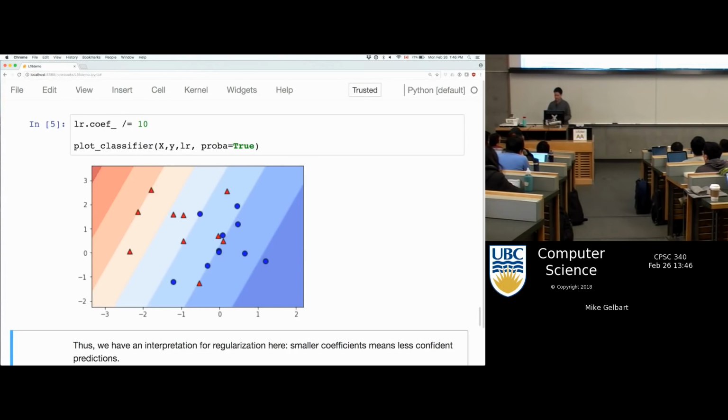And the reason why this is nice is it gives us an interpretation for regularization. Because regularization, as we talked about 2 weeks ago, makes coefficients small. That's what it does, right? And we had a bit of a hard time interpreting that sometimes, like for linear models. But here we have a clear interpretation. Small coefficients means less confident.